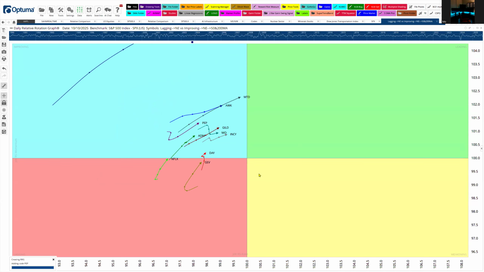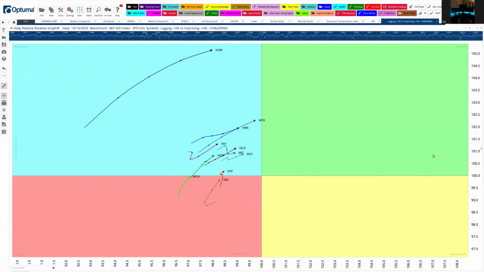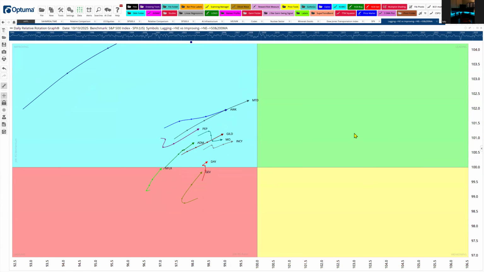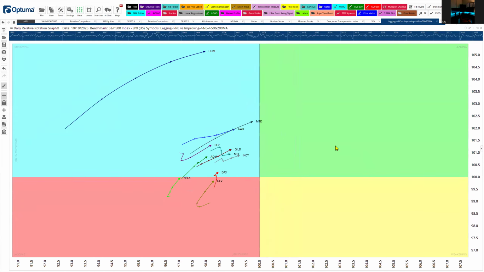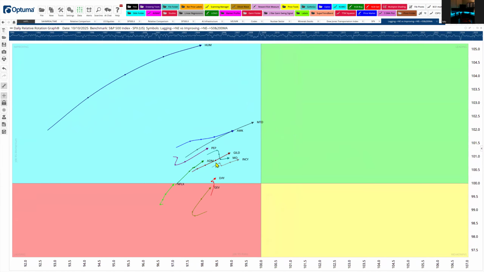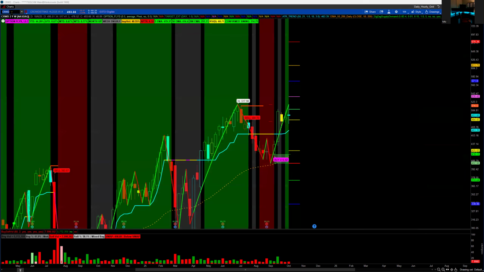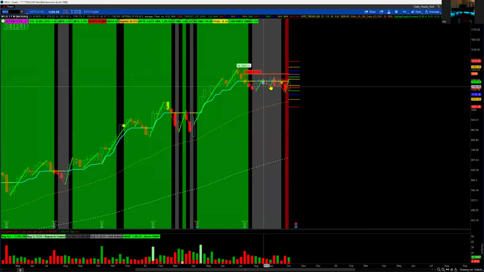Let me show you this way. These rotations are all going to be here, meaning these stocks are all in the uptrend, right? But when they trigger, I'm working on this one for the next couple of days to see.